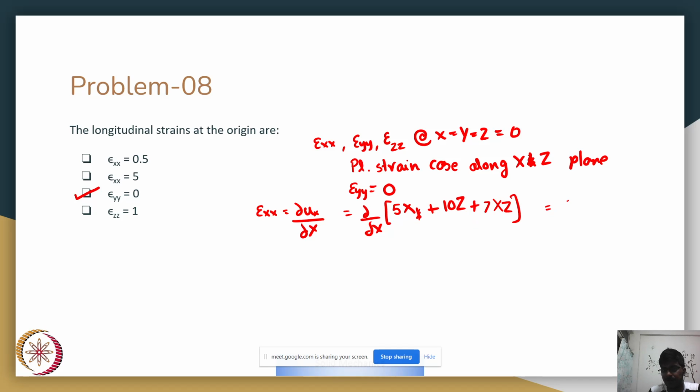So this is 5 plus 0 plus 7z. So 5 plus 7z. This is our epsilon xx, correct? At origin, epsilon xx would therefore be 5, right?